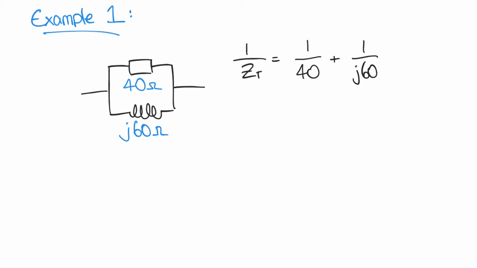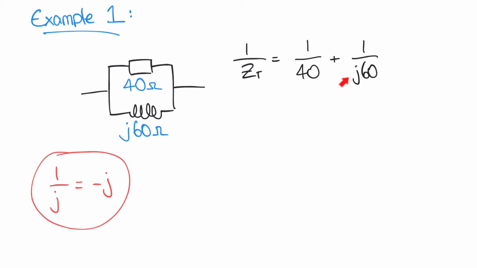So at this point, I want to remind you of a very useful identity, which is going to come up a lot in this video, which is to say this: it's 1 over J is equal to minus J. So in our example here, let's just pick on this 1 over J 60 term for a second.